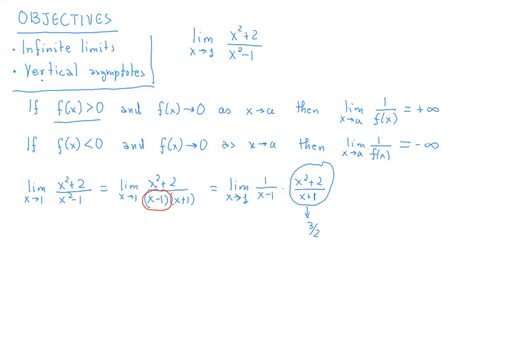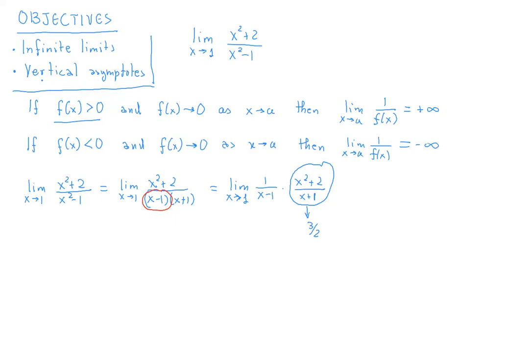Because think about, as x approaches 1, it could be from the right, in which case x minus 1 is positive, and it's very, very small. So we would have the first behavior that we talked about. And also x approaches 1 from the left, in which case x minus 1 would be negative, and then we would have the second behavior that we talked about.